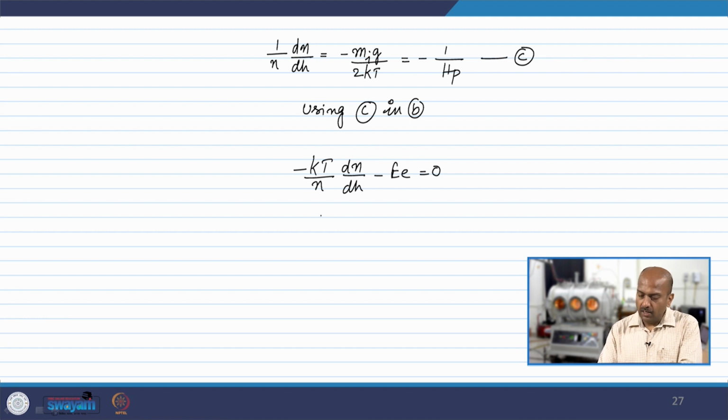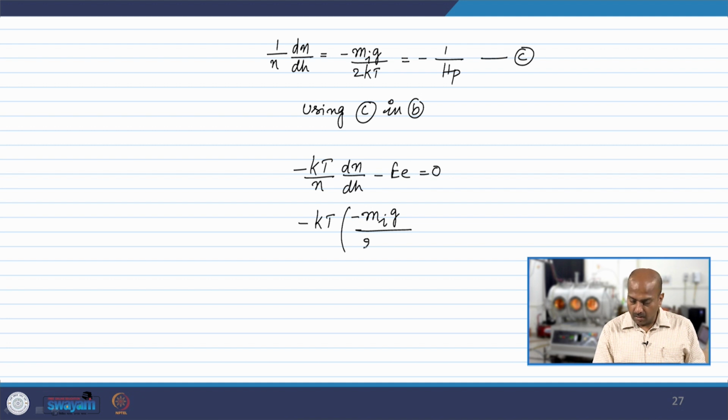So, P is equal to nkT, where n is the number of particles per unit volume, and E is the electric field, so we can write minus kBT times 1 by n dn by dh, which is Mig by 2kT, right?